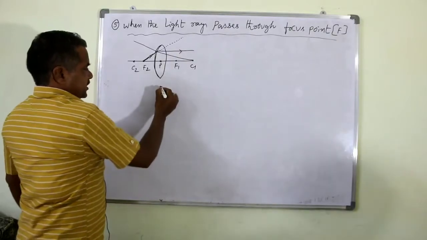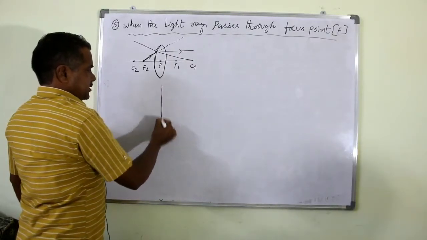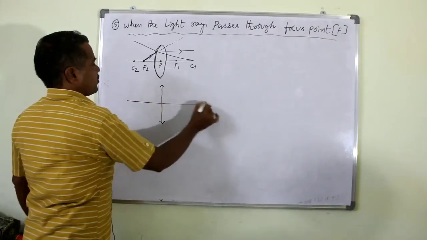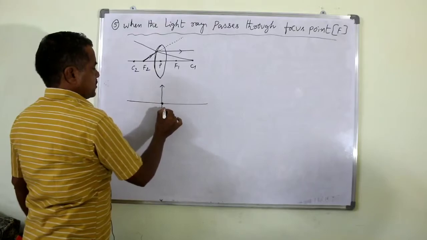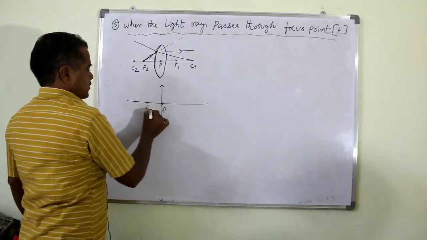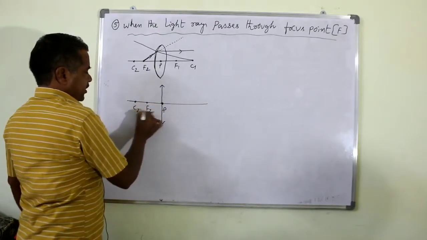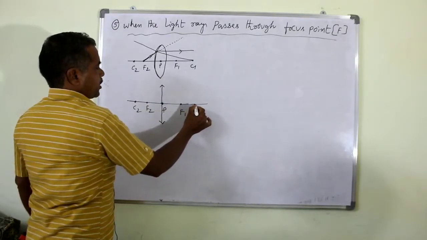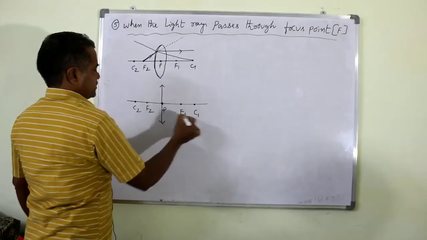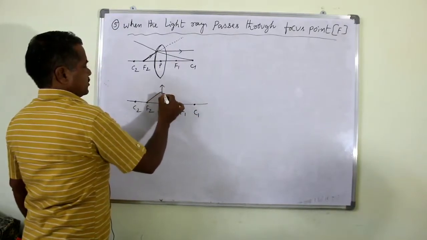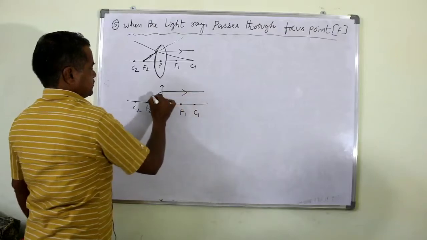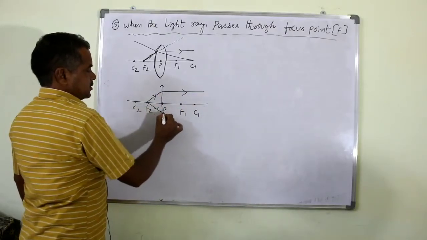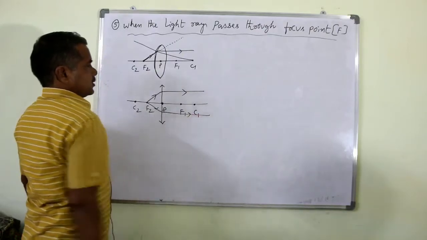So then we can say that any light ray which passes through the focus point, the corresponding refracted ray travels parallel to the principal axis. It travels like this. For example, one more incident ray at this place, the corresponding refracted ray moves like this.